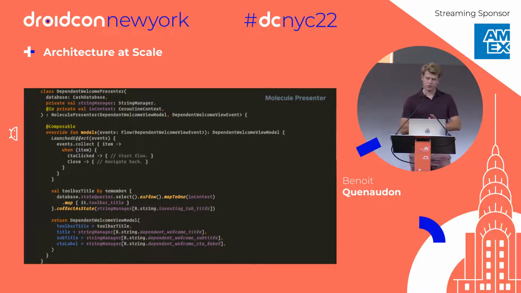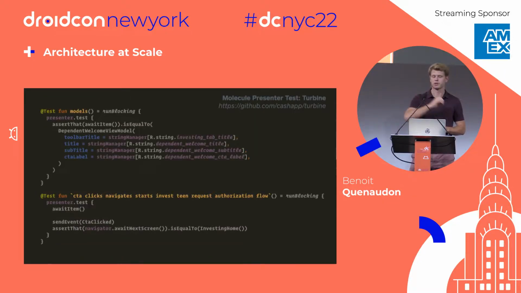And testing as well. Because Molecule takes a composable and makes it a flow, for testing you can use Turbine, whatever, because that's the library you want to use for testing. This is great because it also makes sure that you don't forget to consume events, or that an error is not happening, or whatever.